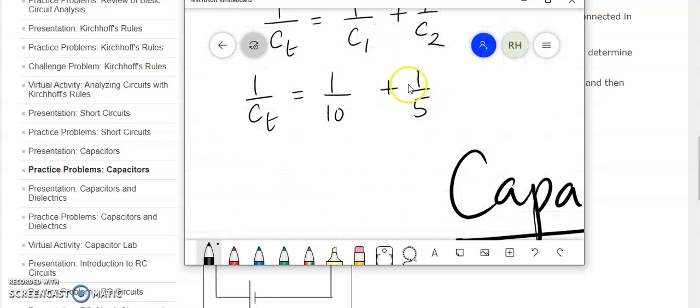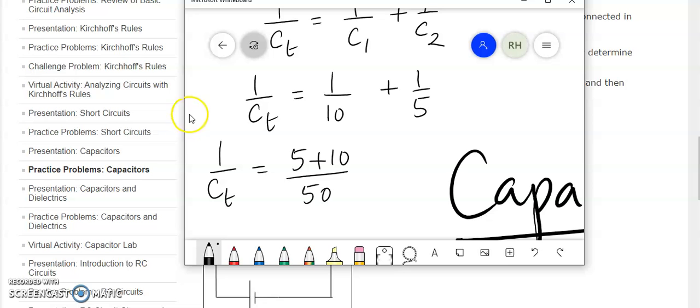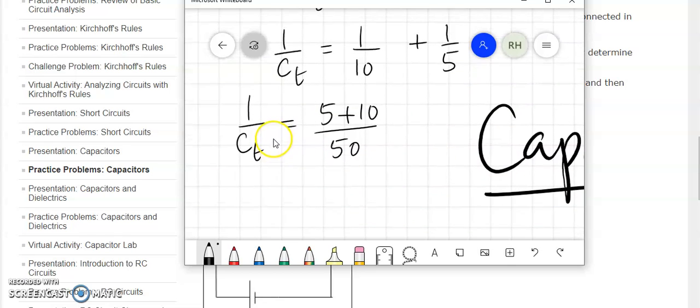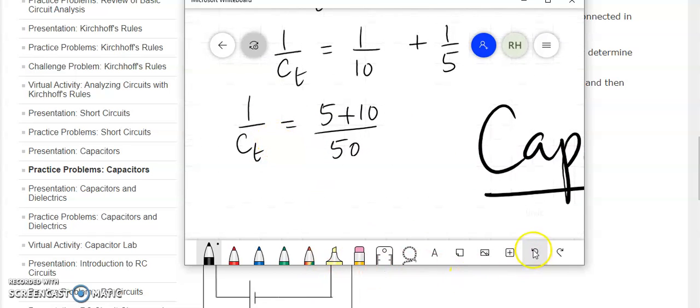And once you do this, you will get your 1 divided by CT as, so CT is going to be the inverse of this answer.